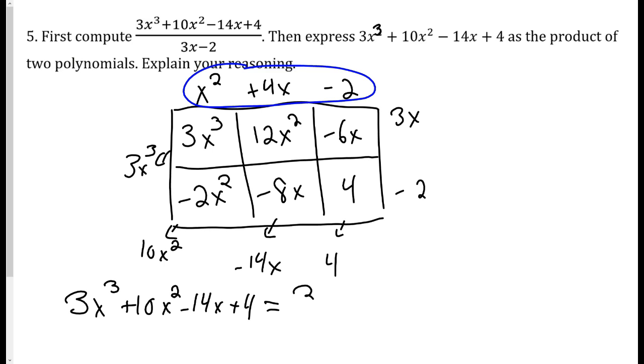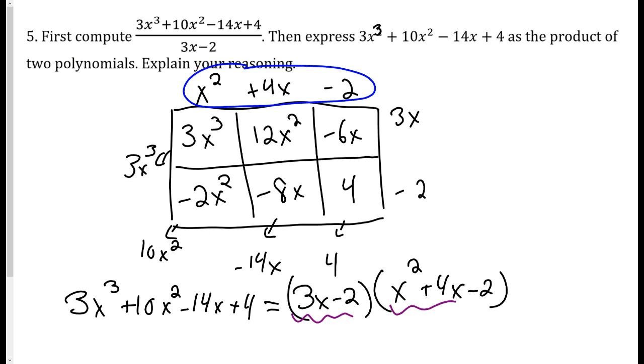So 3x minus 2 times x squared plus 4x minus 2. These two polynomials are factors of this cubic polynomial. And that's a key concept. And explain our reasoning? Well, I rewrote the division problem as a multiplication problem.